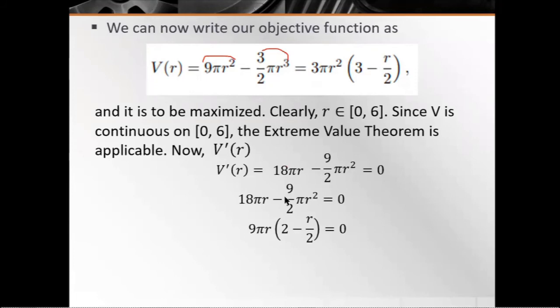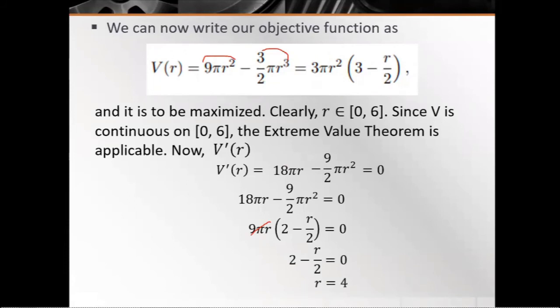Then negative 9 halves pi r squared divided by 9 pi r, cancel na isang r at yung pi. Pati yung 9, matitira na lang yung r over 2. So ito, 2 minus r over 2 equals 0, and then meron tayong r equals 4.